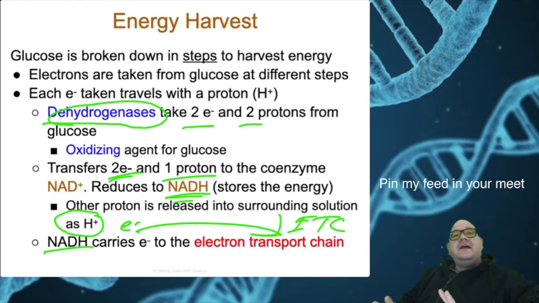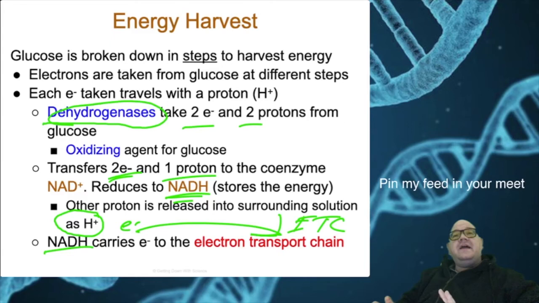So what's the electron transport chain? That happens in the mitochondria. It's membrane proteins. This is why we have all this folding and all these cristae in the mitochondrial membrane. We need space for these to happen. As electrons move through this system, the electron transport chain, they go through redox. Things are gaining electrons.